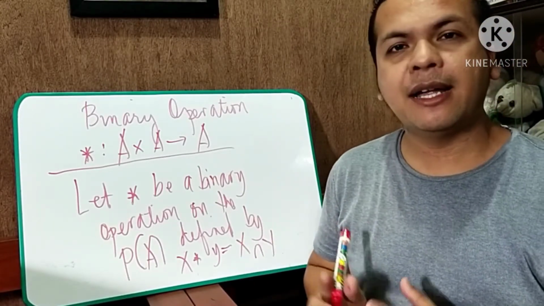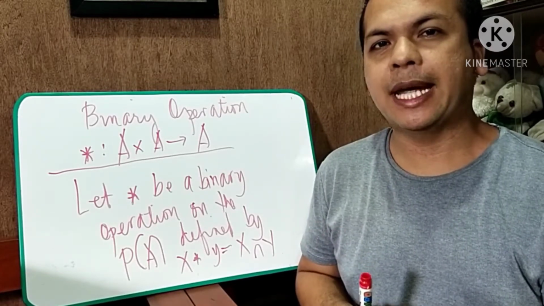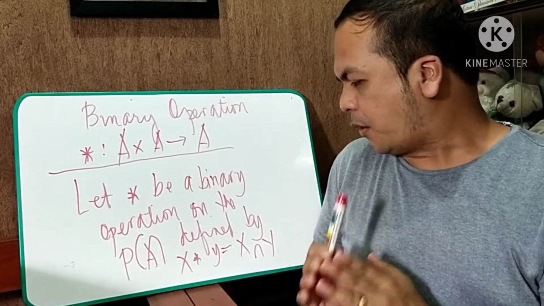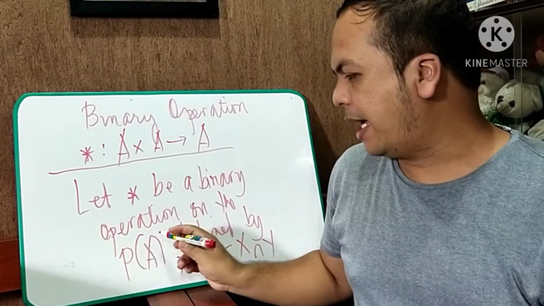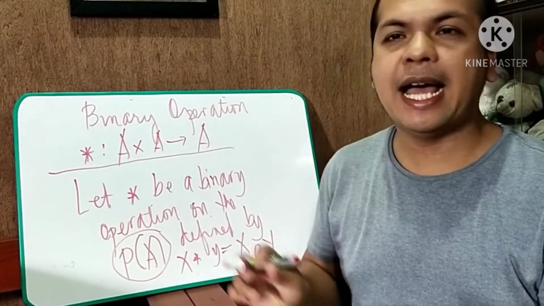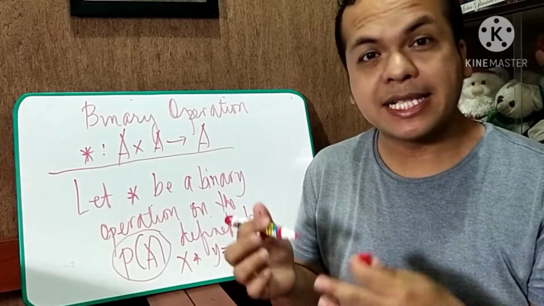Now, there is another term here that we have to recall also. Let's recall the power set of A. We have another term here that we need to explain or recall for you.